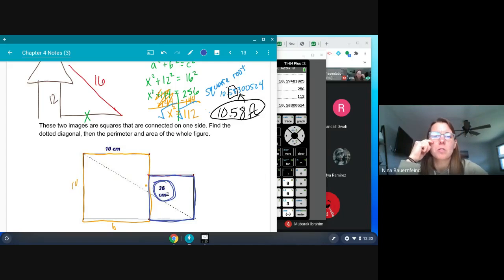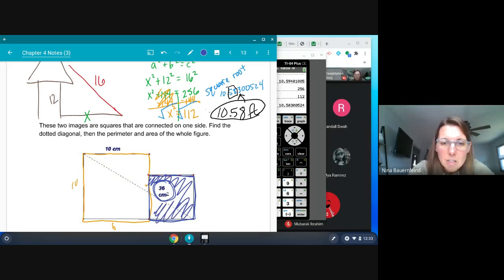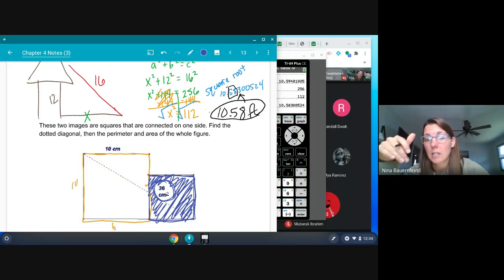Which one of those uses centimeters squared or feet squared or inches squared? The area. Yes, exactly. So this is telling us that the area of this one is 36 square centimeters. It's saying the inside is 36.